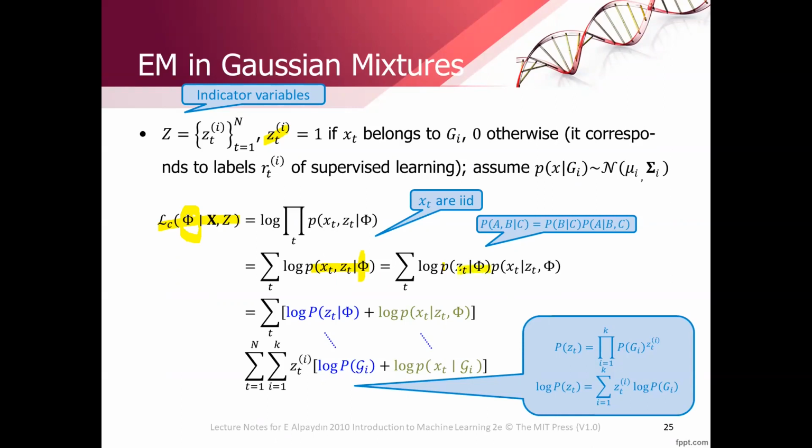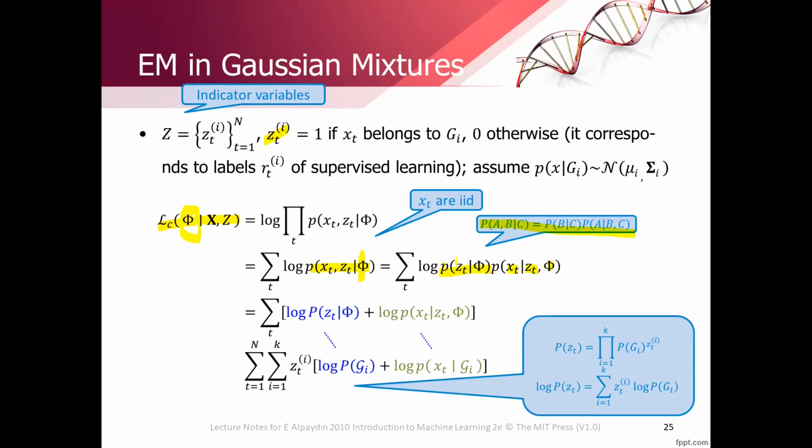So this will be the probability that we have assignment z_t based on the parameters for the assignment, and the probability of the observation if we know the assignment z_t and the set of parameters. Actually, here we use this simple formula. So probability of A and B given C can be computed as probability of B given C times probability of A given B and C. So this is used here.